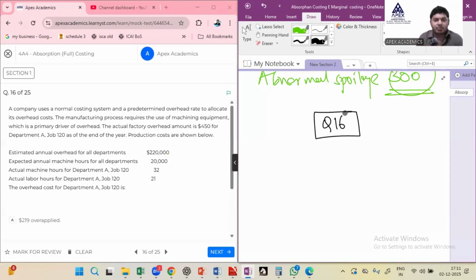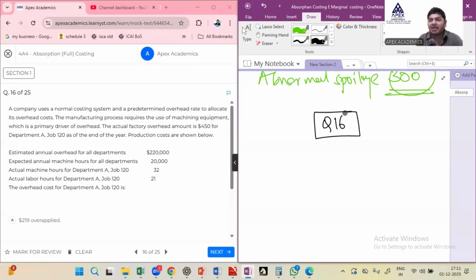Sir, the manufacturing process requires the use of machining equipment. Our manufacturing process is such that we use a lot of machines, so obviously machine hours are important, and machining equipment is the primary driver of the overhead. Sir, the actual factory overhead amount is $450 for department A, job 120.